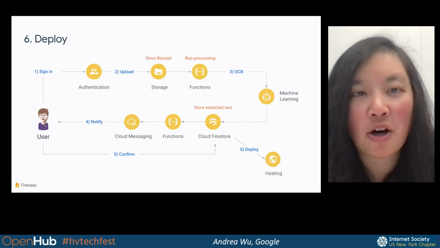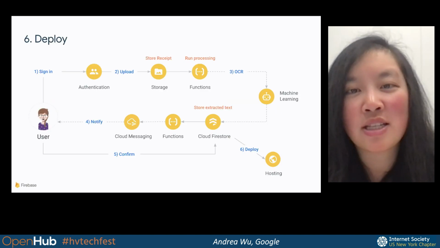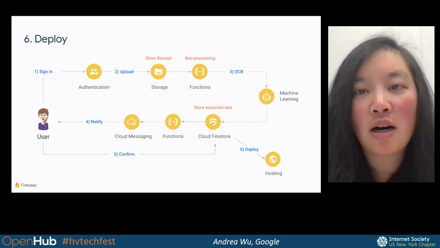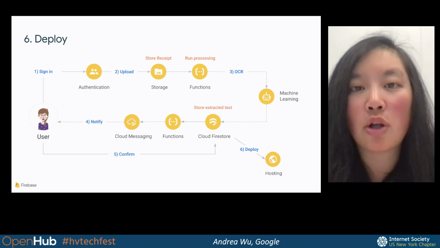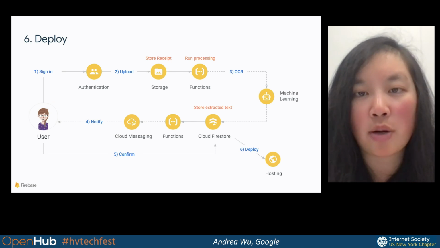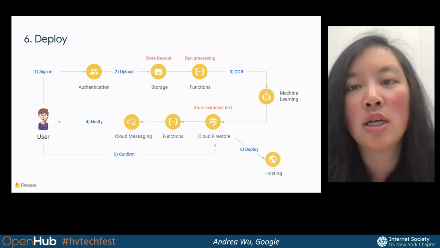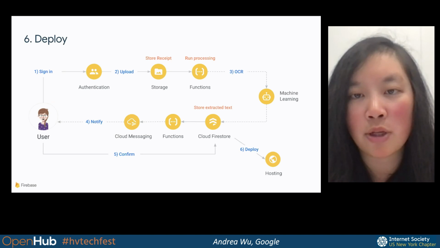So there we have it. Our app is pretty much built. We successfully built an app from beginning to end with full functionality. We enable our users to log in using authentication, upload receipt images, which get stored in storage, and trigger functions to do OCR using Firebase machine learning to extract details from the receipts, which then get stored in our Firestore database.